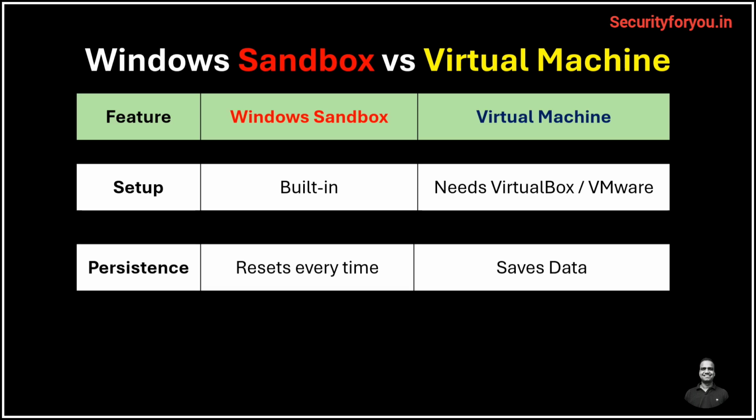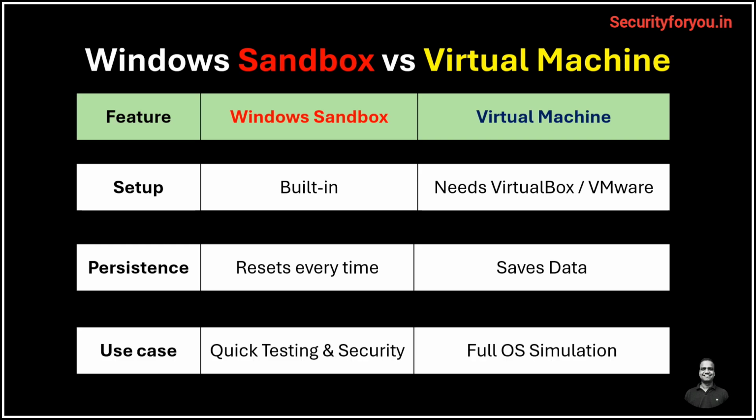Sandbox resets every time you close it, meaning nothing is saved, while a virtual machine retains its data and settings just like a regular computer. So, if you just want to test software quickly and safely, Sandbox is the best option. But if you need to run a full operating system separately, then you will need a virtual machine.